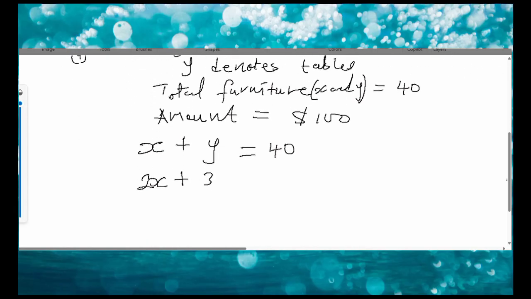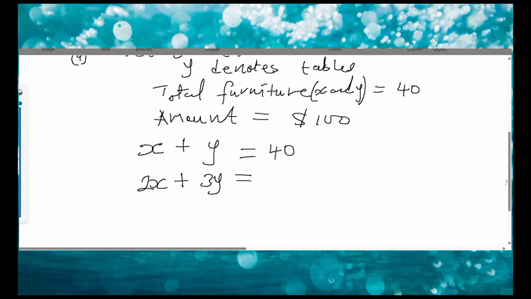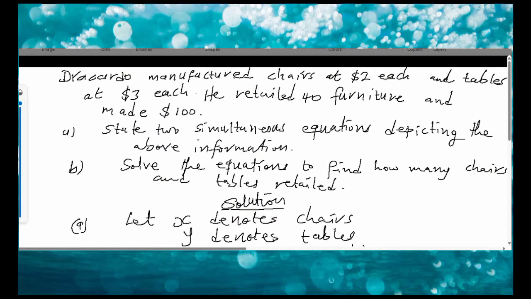So we're going to have 3y, and the total number of the chairs and the tables sold amount to this price, $100. So we're going to have 100 here, right? So these are the two equations that we can derive from the information that we are given in the question.